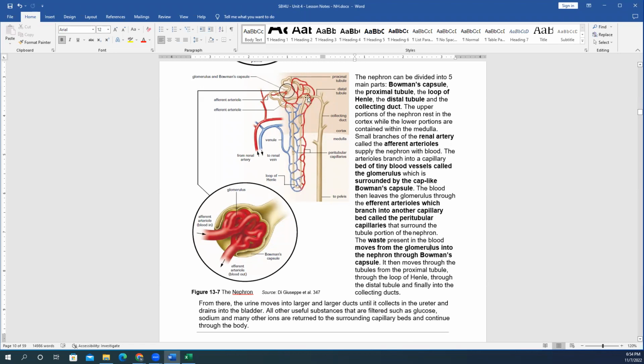So at first, all of these things are filtered out, and here within the capillary bed is where they are returned back, all the useful substances such as the glucose and the sodium ions and potassium ions and calcium and all of that, they're returned back into the body.